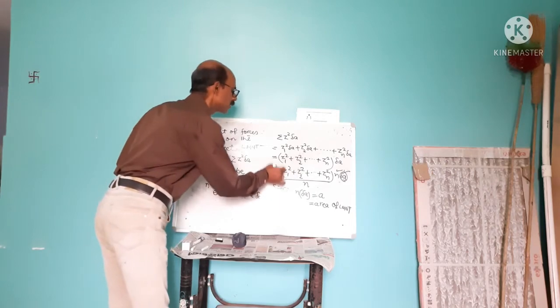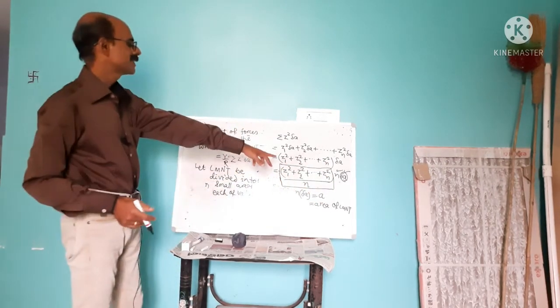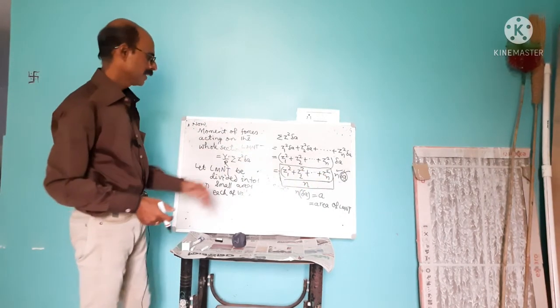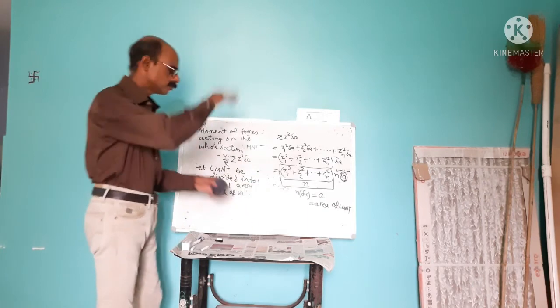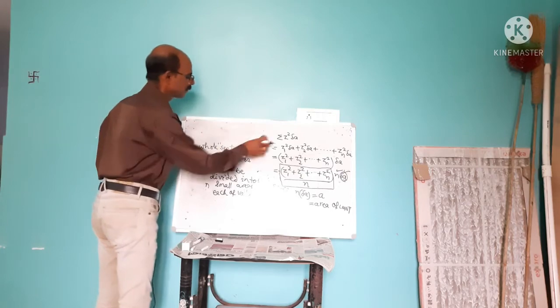Then come to this part: Z1 square plus Z2 square plus dot dot dot plus Zn square by n. This expression you come across in rotational dynamics.